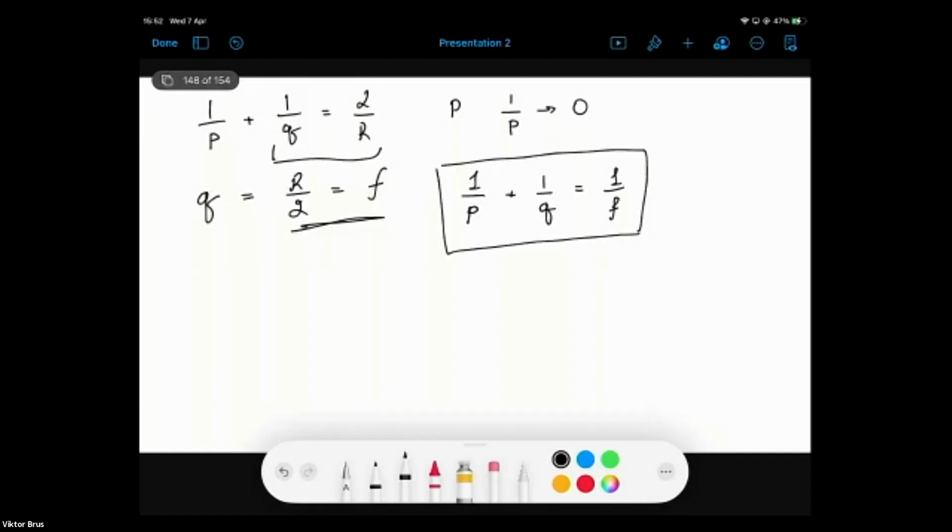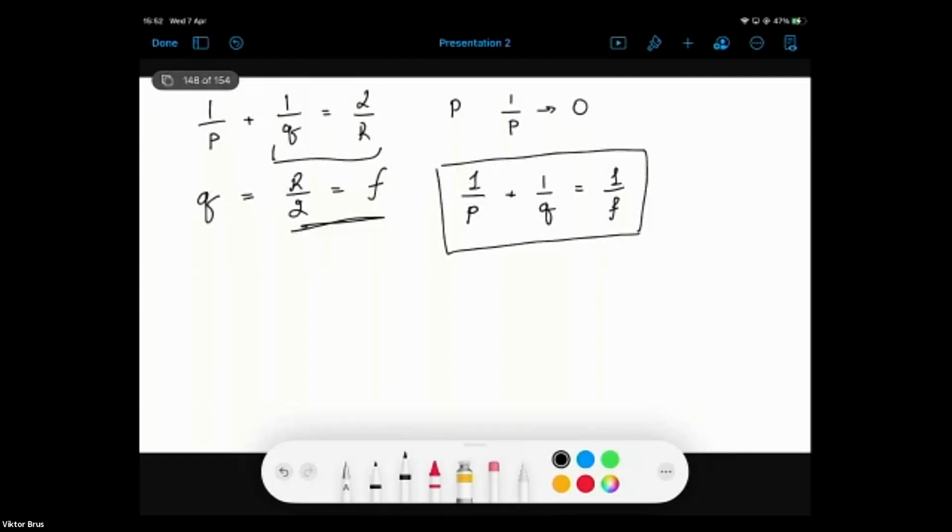Here, if we pick up this ray number 3, which appears to go through the center of curvature of the convex mirror, the reflected ray will also have the same orientation, just will go in the opposite direction. And with 2 rays, we already can build the image, because the intersection of the first and second ray will give us the image.